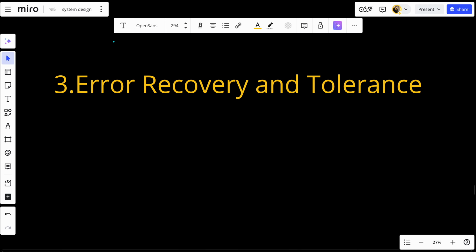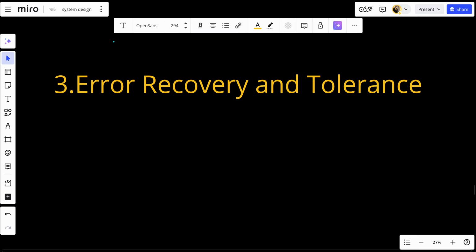No system is perfect and errors will happen. What's important is how your system recovers from those errors. To improve reliability, implement strategies for error tolerance and recovery. First, we should work with graceful degradation. If a part of your system fails, allow the rest of the system to continue functioning.